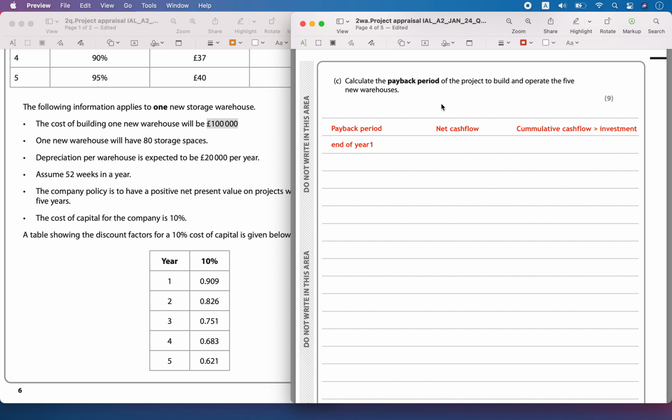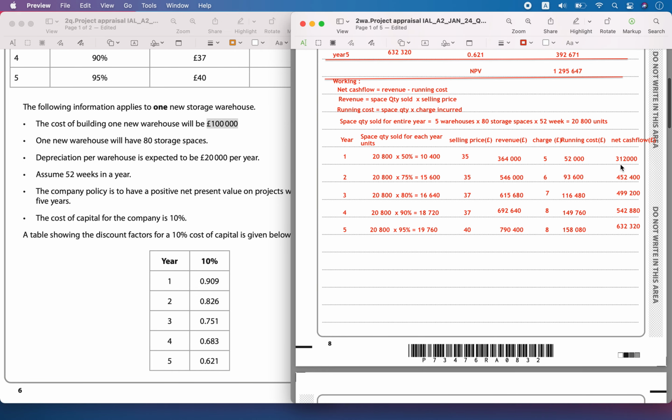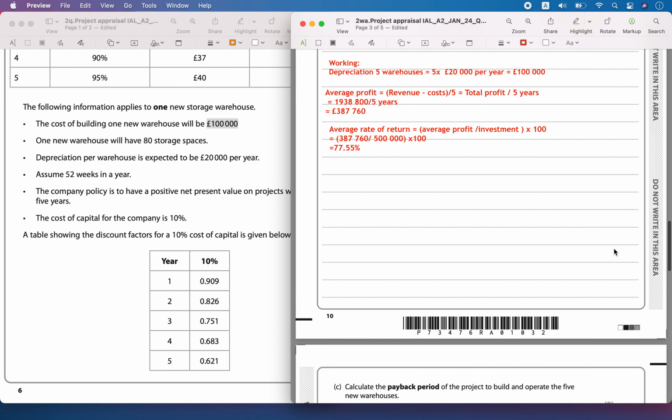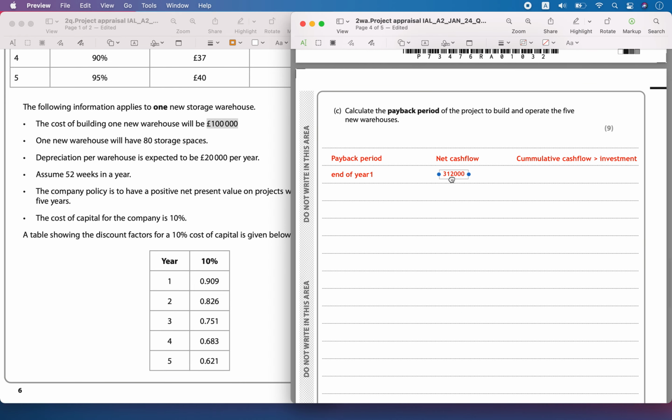At the end of year 1, you would have a net cash flow. The net cash flow we had already calculated in part 1 of the question. It was revenue minus the running cost. It was 312,000. So this was the net cash flow at the end of the year, and we will write the same here.